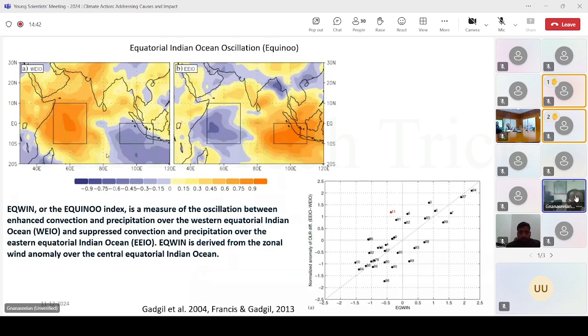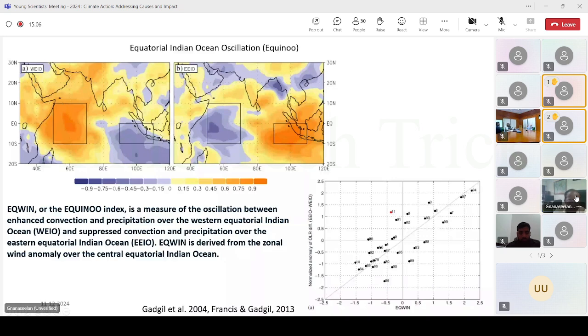And similar to IOD, the Equatorial Indian Ocean Oscillation, or EQUINOO, also provides an atmospheric component of an IOD. This is basically explained through the outgoing longwave radiation difference between the west and east.